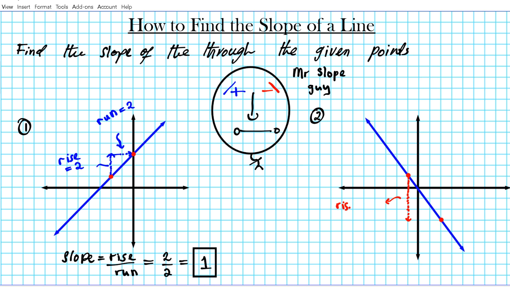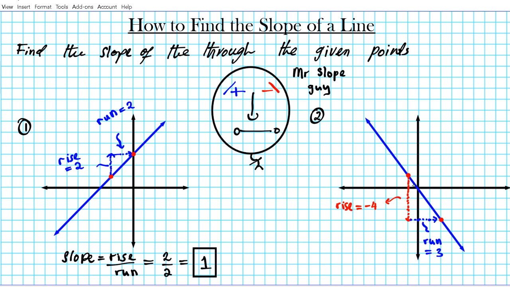So our rise is negative 4. And then what's our run going to be? We're going to go to the right, 1, 2, 3. So our run is 3 units, and that's positive since it's going to the right.